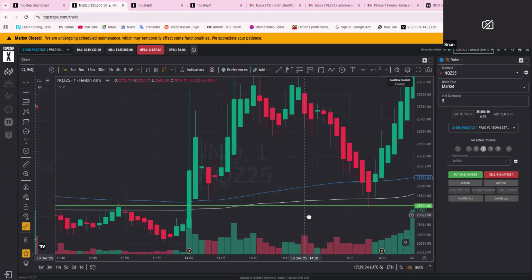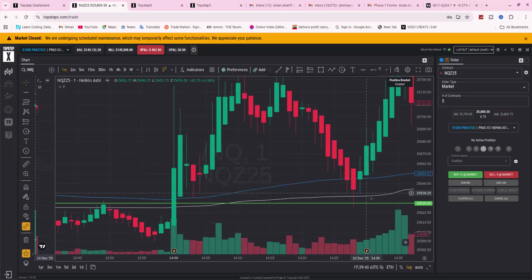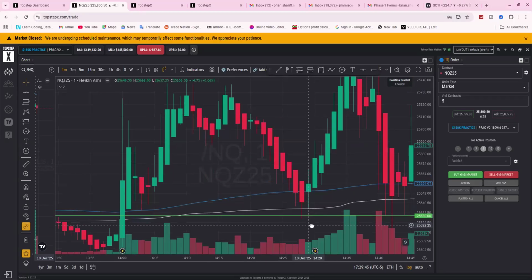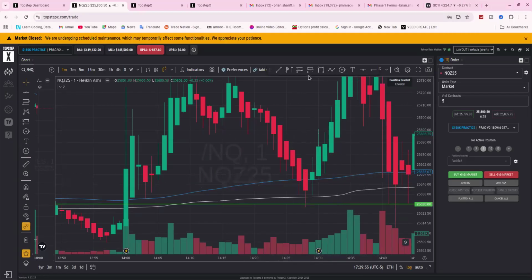So now we got another opportunity that came up around 229, 230. This was a rejection off the EMA. But you see that doji formed above the EMA.